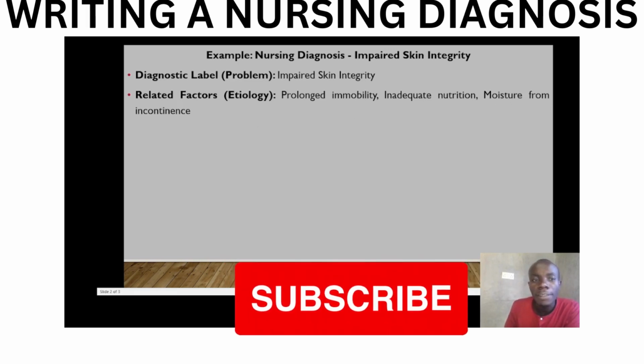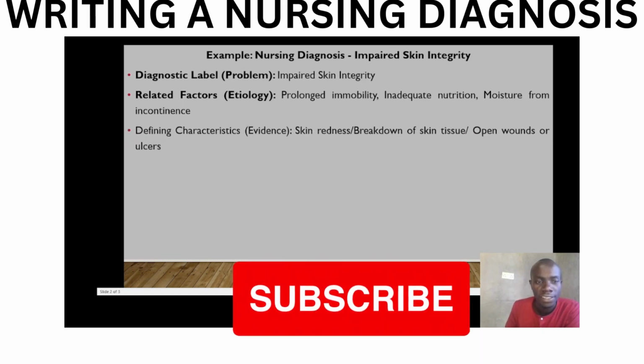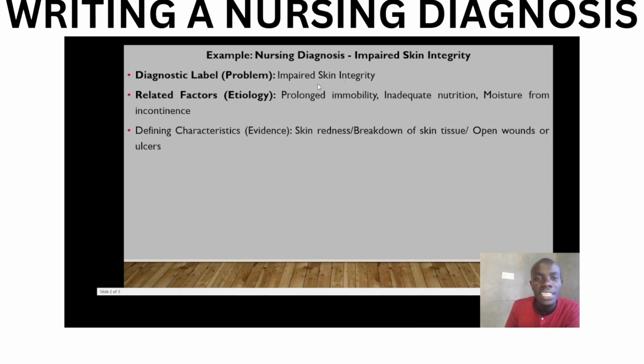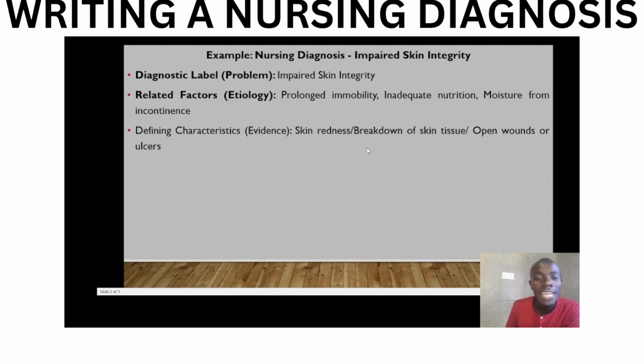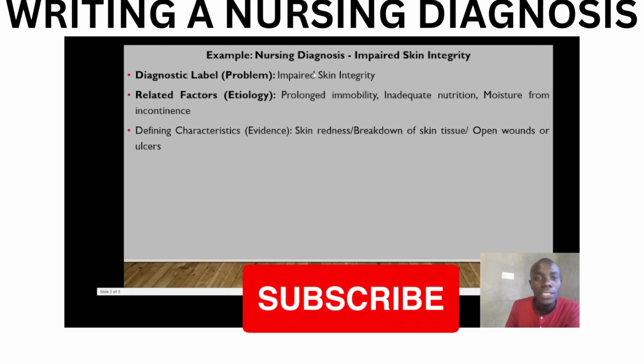So after picking the risk factor, you go to the evidence or the defining feature. The defining feature for impaired skin integrity is that patients could present with skin redness or breakdown of skin tissues, or open wounds or ulcers. In that case, the patient will be having impaired skin integrity.